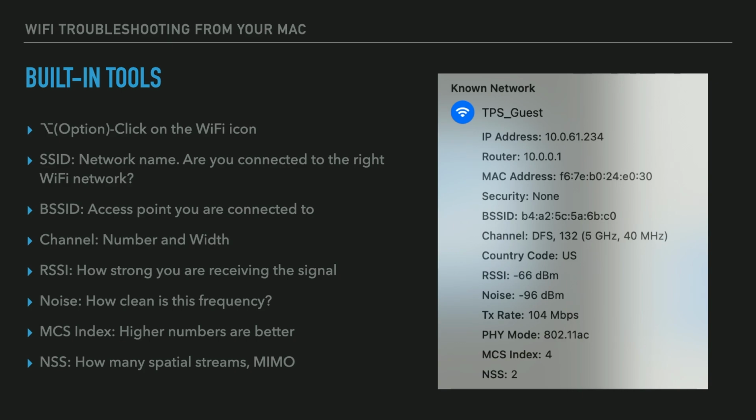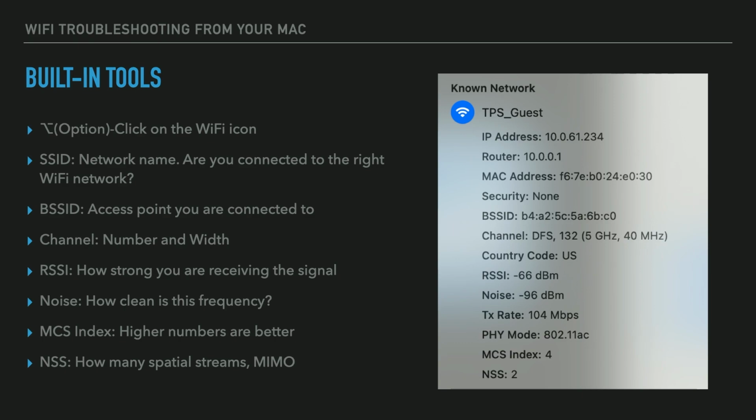That's a great place to start, so always double check that. The BSSID stands for the base station signal ID. That's the access point you're connected to, or maybe an antenna on that access point, because most of our access points these days have multiple antennas, multiple spatial streams. That MIMO comes into play.